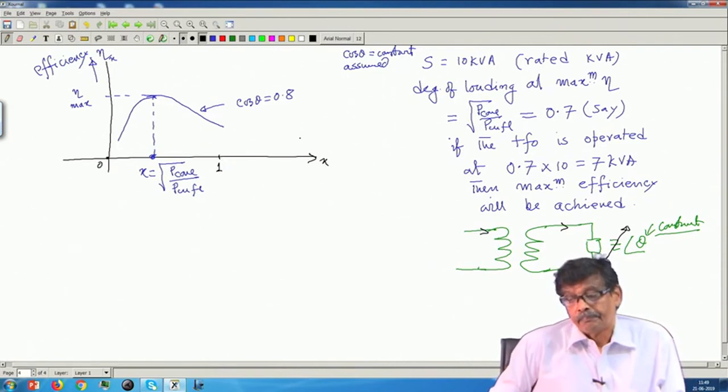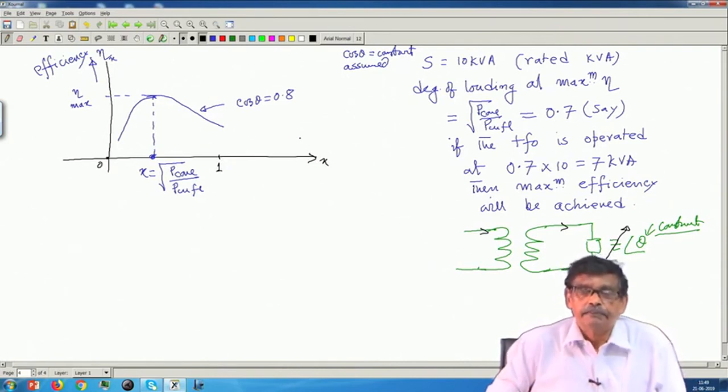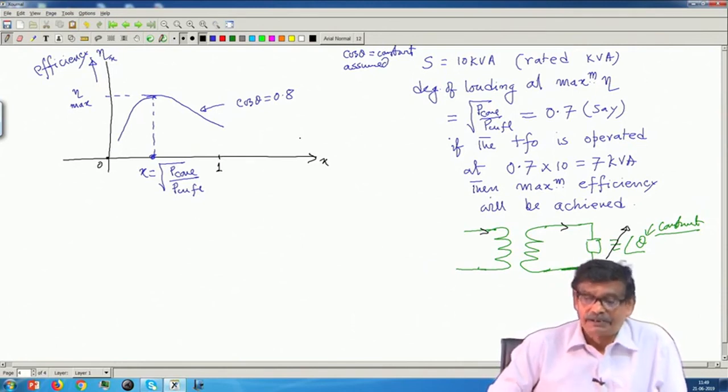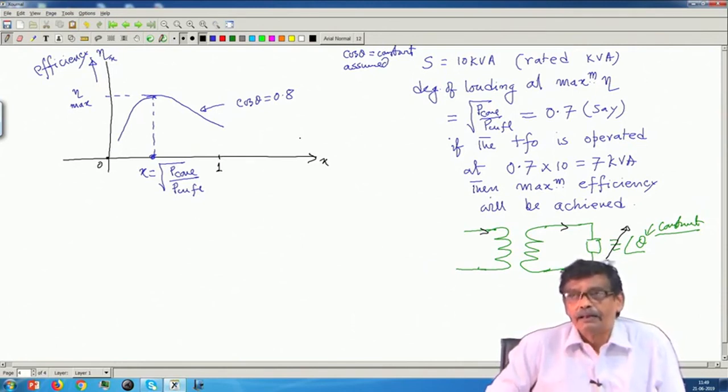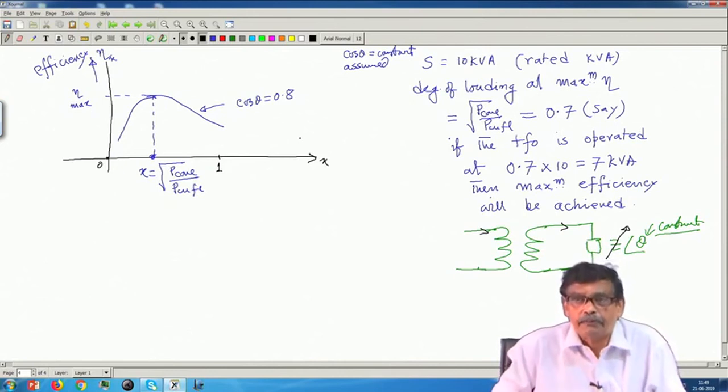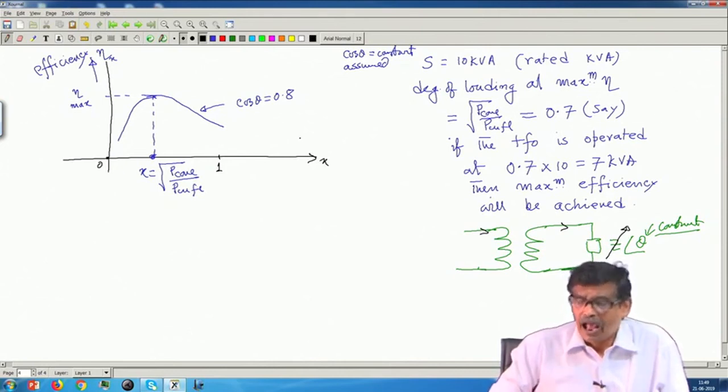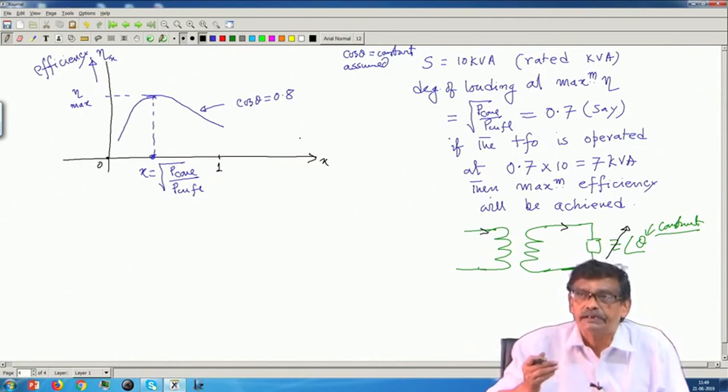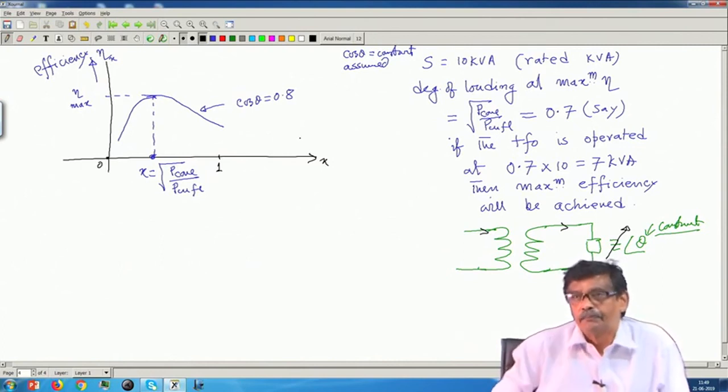Okay. After I get this curve, then I will ask myself, as a user of this transformer, what I would like to have, at what value of x efficiency should be maximum, is it not?